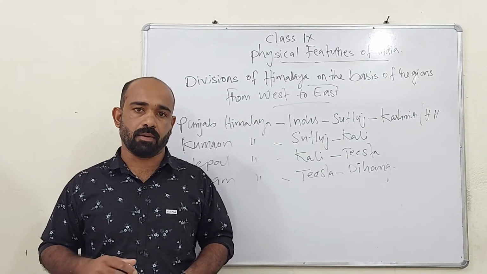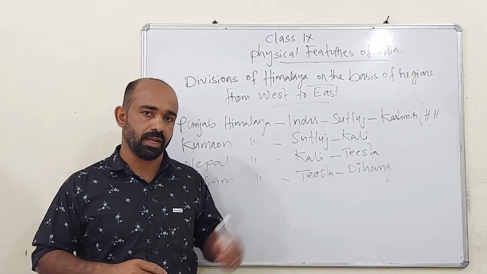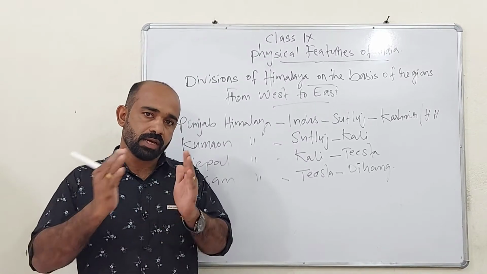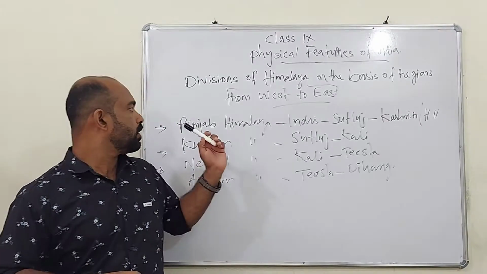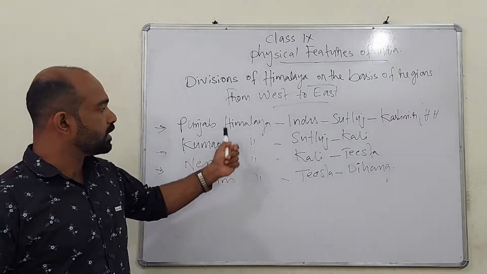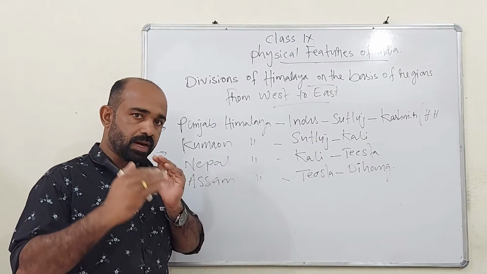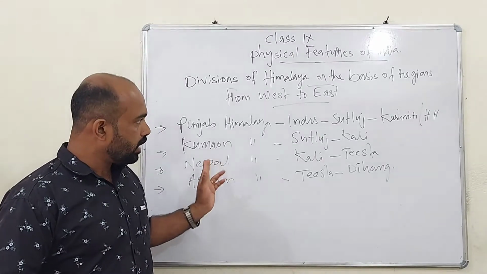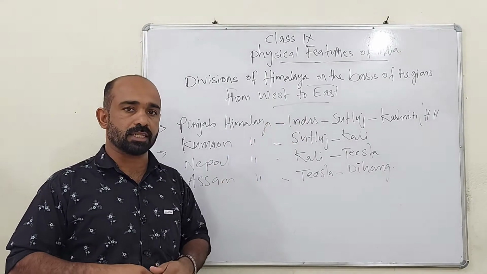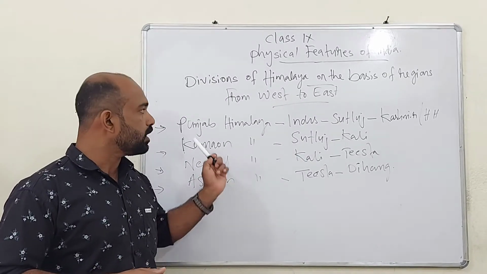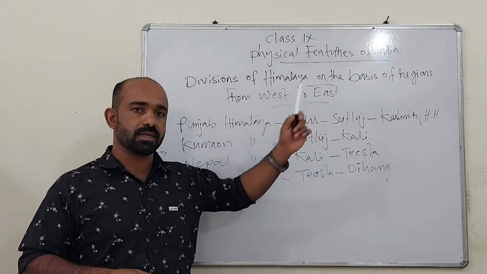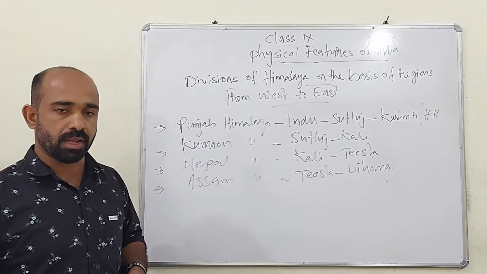Now let us study the divisions of the Himalaya on the basis of regions from west to east. First of all, let's see Punjab Himalaya. The part of the Himalaya lying between the river Indus and Satluj is known as Punjab Himalaya.